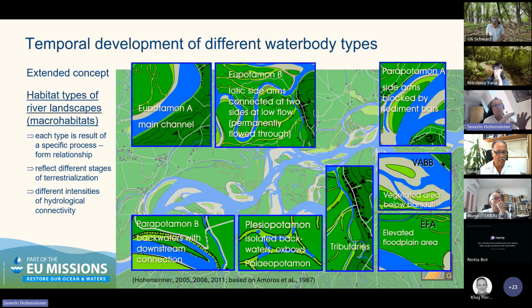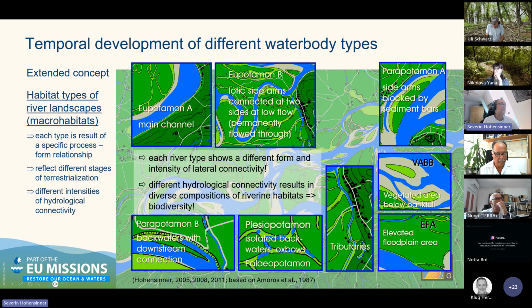And this extended concept proved to be very useful for ecologists, for fish ecologists, for macrozoobenthos and so on, for macrophytes also.